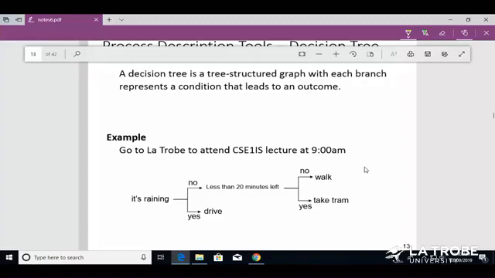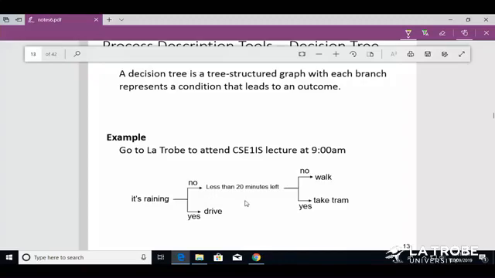First of all, your first condition, you need to check if it's raining or not. If it's raining, yes, of course you will not be able to get to your lecture within 20 minutes, so the outcome will be to drive. It's better to drive to save your time. If it wasn't raining, that means no, and you will have another condition.